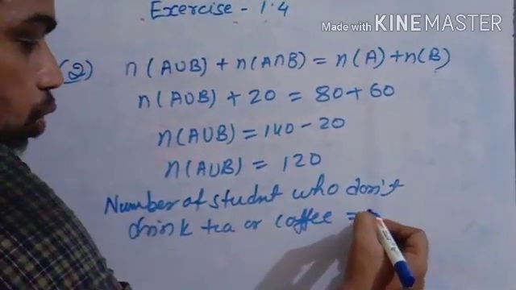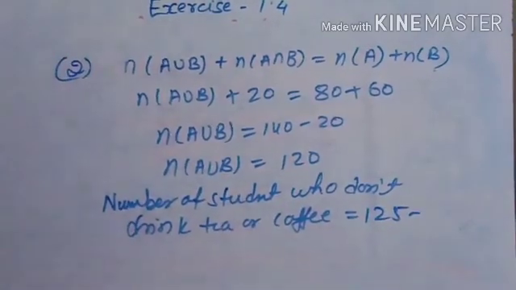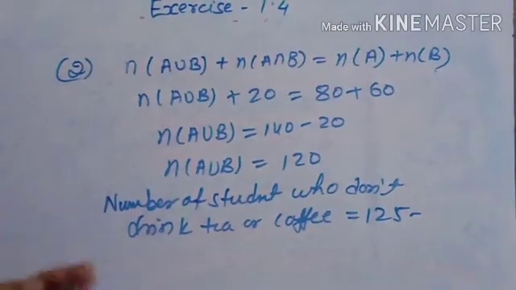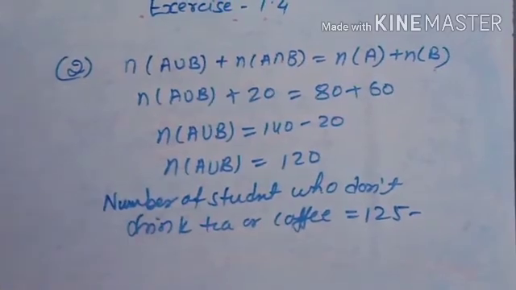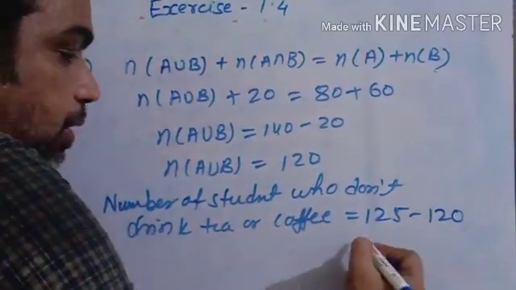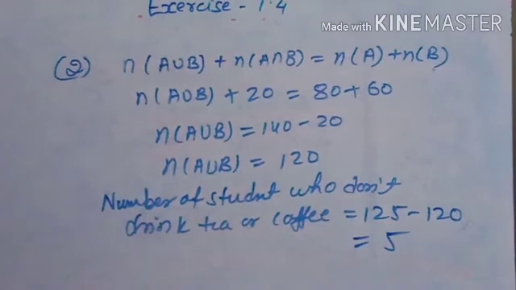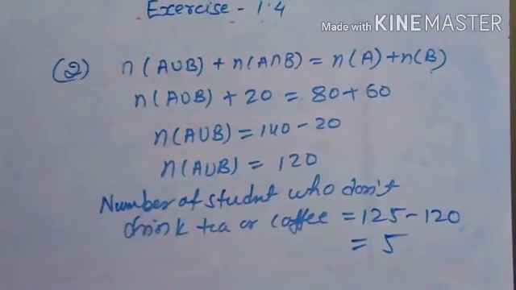There are a total of 125 students, and among these 120 drink tea or coffee. At least one drink they take, that is 120. So the remaining 5 students are the students who do not drink tea or coffee.